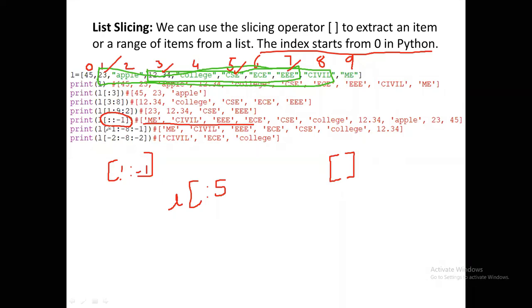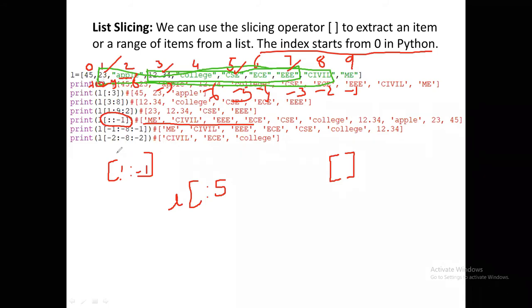And how can we traverse in the backward direction? So this is the forward. The last one's index is -1, -2, -3, -4, -5, -6, -7, -8, -9, and -10.